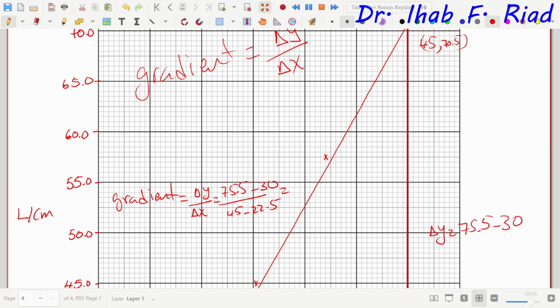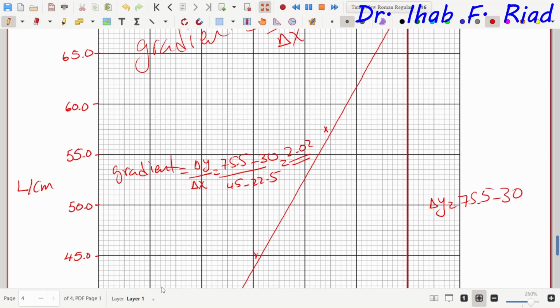It is 75.5 minus 30, we divide by 45 minus 22.5. It is going to be 2.02. So this is the gradient.